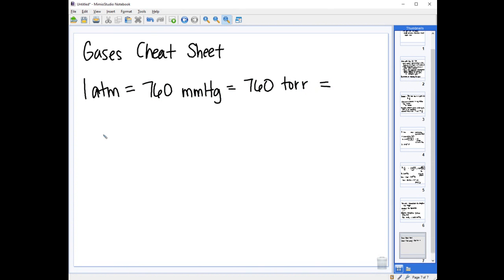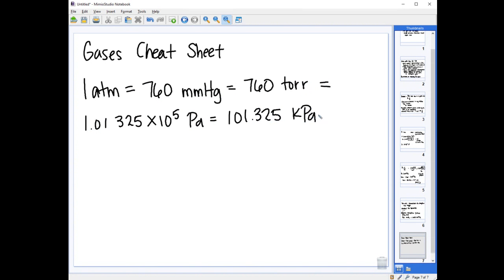And that is equal to 1.01325 times 10 to the 5th Pascal, or 101.325 kilopascal, 1.01325 bar, and 14.7 psi. So this is going to allow you to convert between all of these different units.